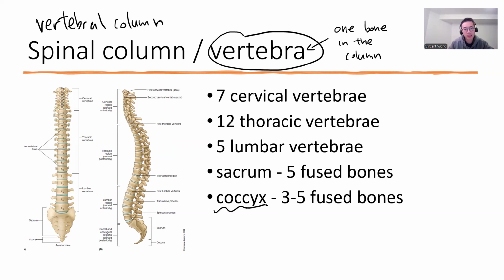If you have trouble pronouncing some of these words with the Y, just change it to an I and sound it out, okay? Coccyx, coccyx bone.